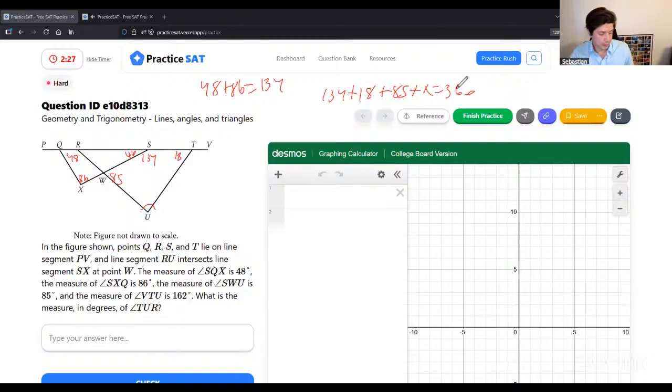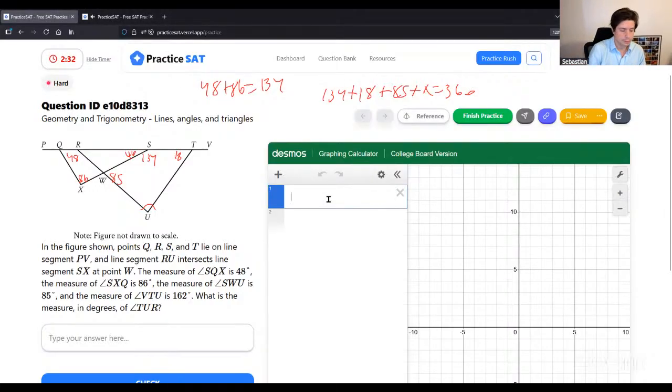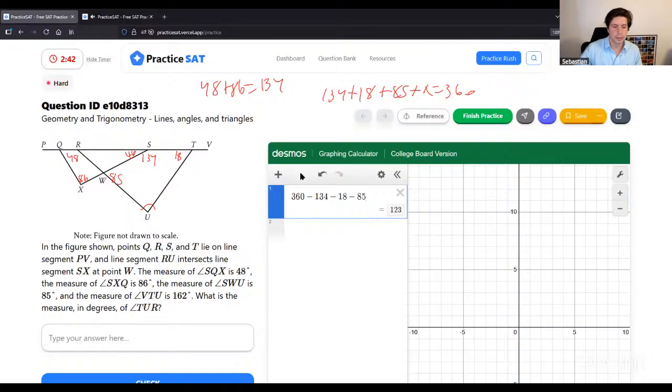So let's find that. I'm just going to subtract the three values from 360: minus 134, minus 18, minus 85. So it should be 123, but that doesn't really make sense.